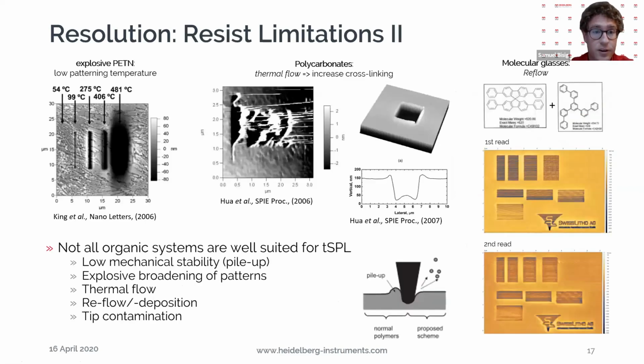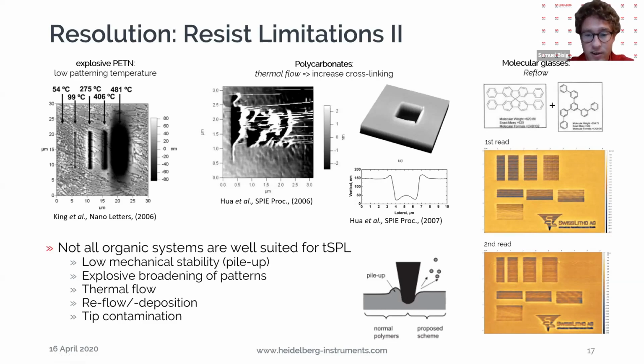So after the resolution from the tip, there is the other part of the system, and that's our resists. You can see here that we have a lot of variety of resists you can use. You can use polymer systems, or you could also use these molecular glasses, but there are always some issues to be considered. Either it is low mechanical stability, so you have what we call pile-up, where you plastically deform the material.